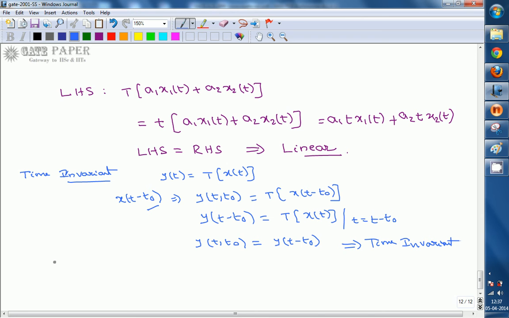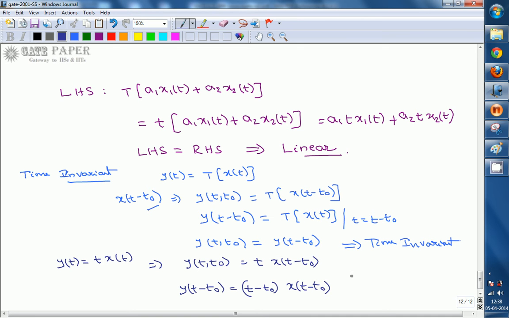Coming to the given system, y(t) = t·x(t). For the shifted input signal, the output is y(t, t0) = t·x(t − t0). For the shift in the output, y(t − t0), we replace t with t − t0, which gives (t − t0)·x(t − t0).